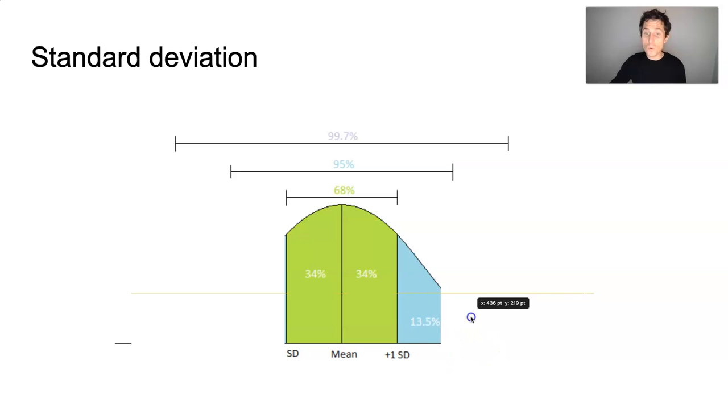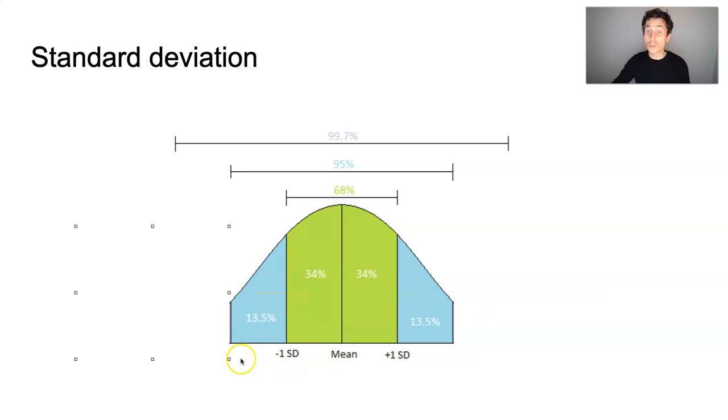Okay, so if we move out then another standard deviation on both sides, what we have are 2 more inches added to the distribution of our population. So now we have 5'2" to 5'10", and that would represent 95% of females in America.